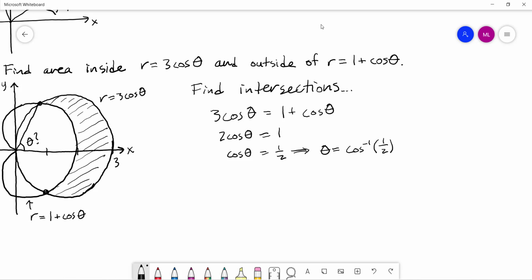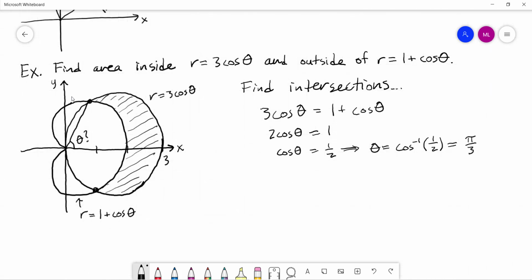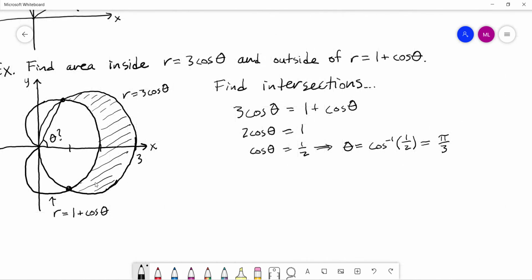Cosine is the x-coordinate. This turns out to be pi over 3. So this one is pi over 3. This one down here would be an angle of negative pi over 3. Because again, these are non-unique, could also go around multiple times. So here is our answer, pi over 3.